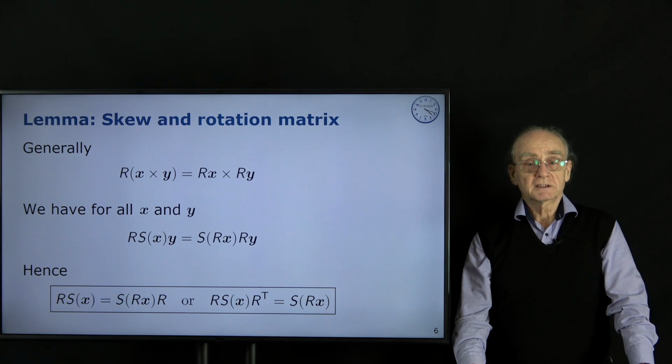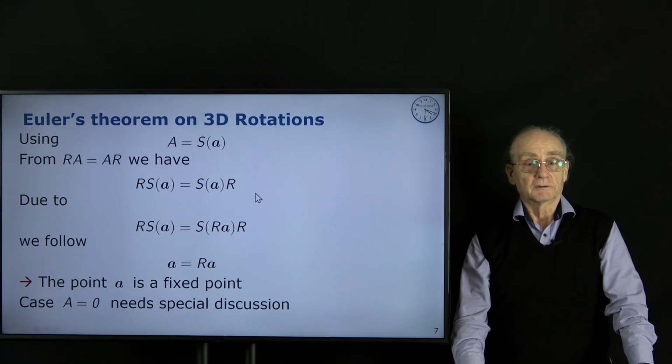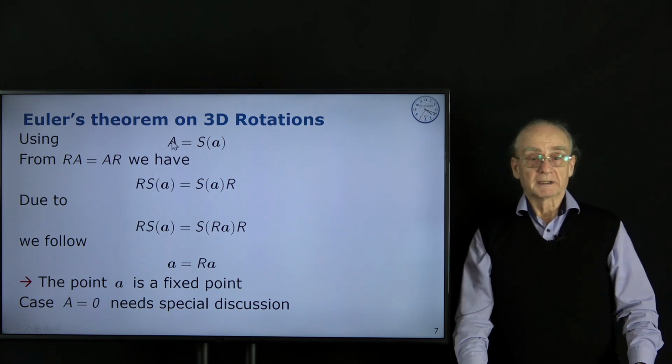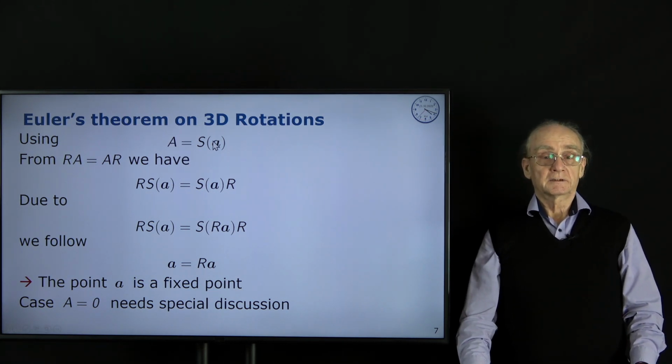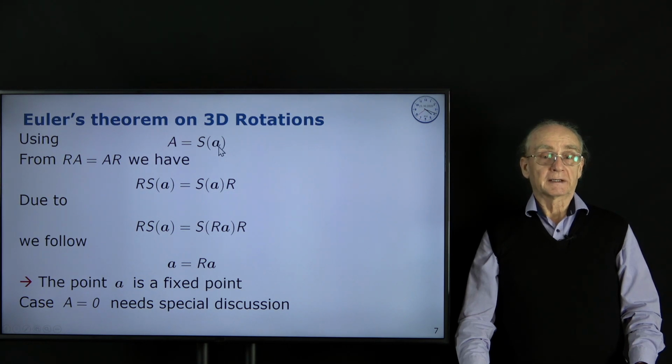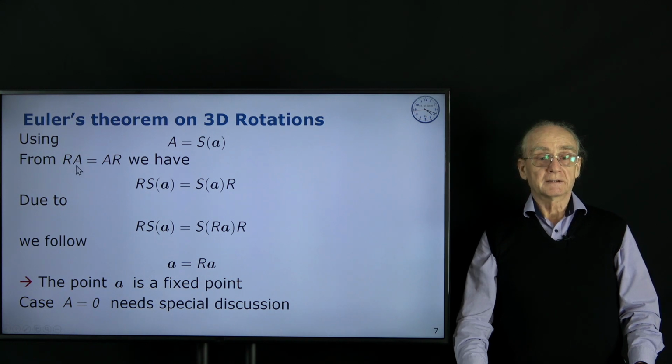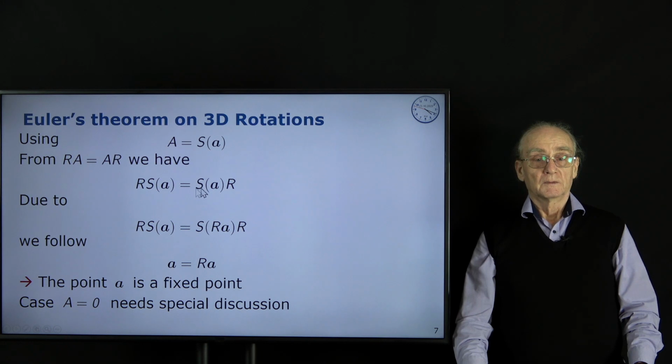Okay, now we take these two results from the Euler theorem and these skew and rotation matrix and put them together. Because A, we have seen, is a skew-symmetric matrix, we can say it depends on some 3-vector a. Because we have seen that RA equals AR, we have this relation.